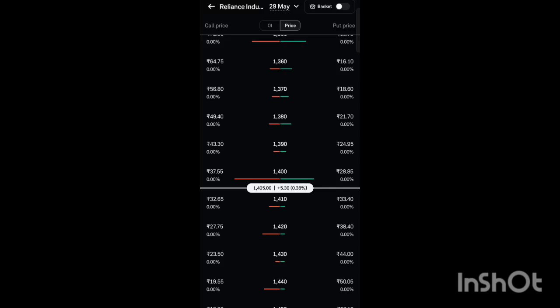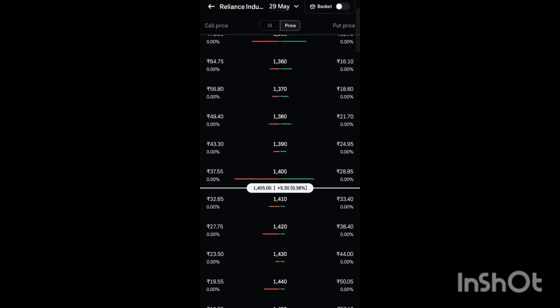Here you can look at this. There are two symbols, no? Red ones are greater than greens. If you go on this option chain, you can see there is 13,994. That means this is open interest. On this strike price, people are selling this option.